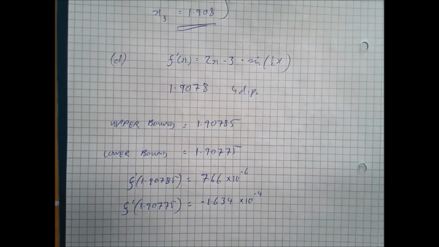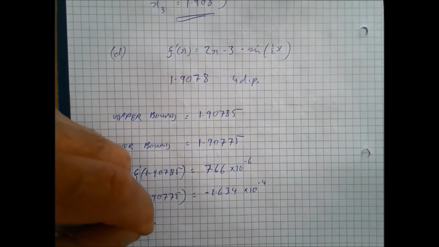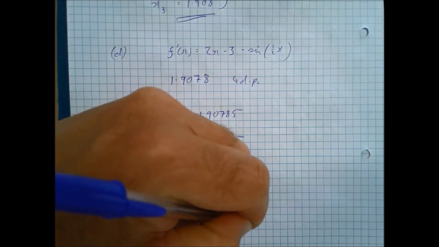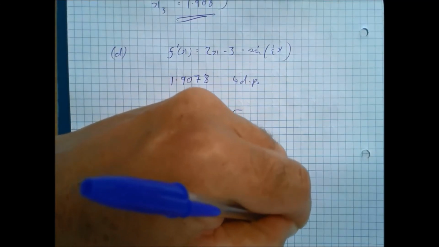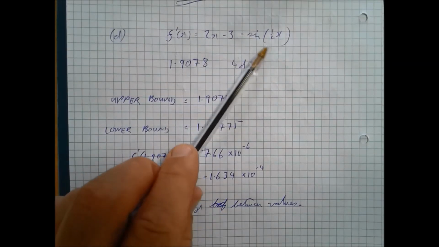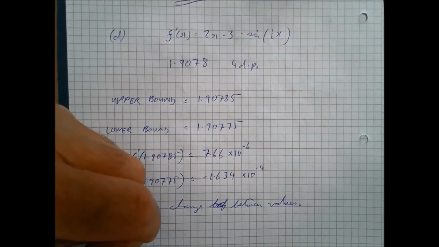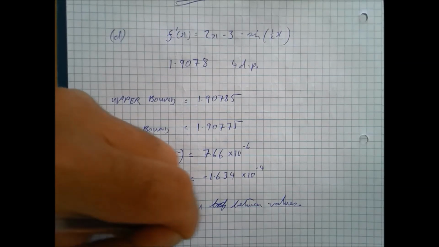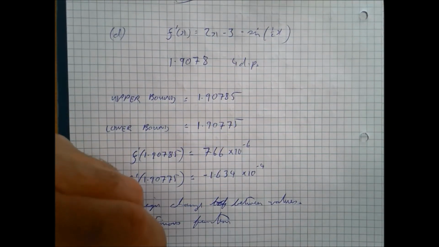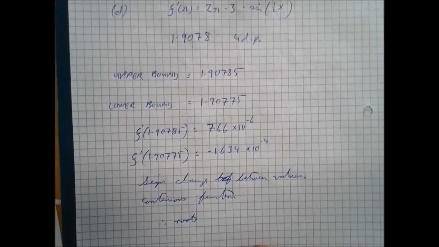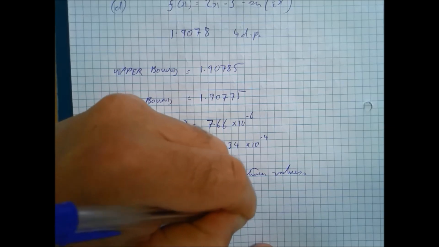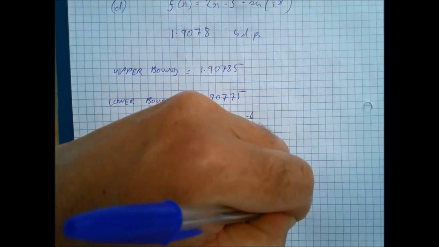Okay, so as before then, I have a sign change between these values, and looking at the function, it's a continuous function, therefore the root must be 1.9078 to 4 dp.